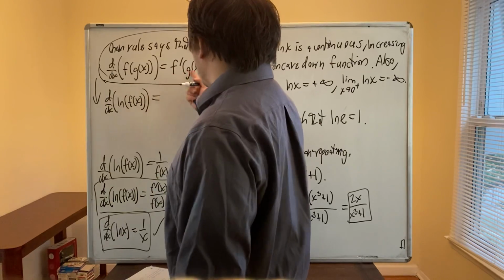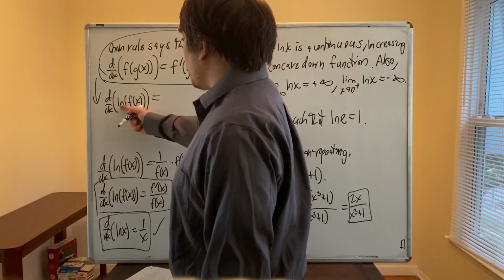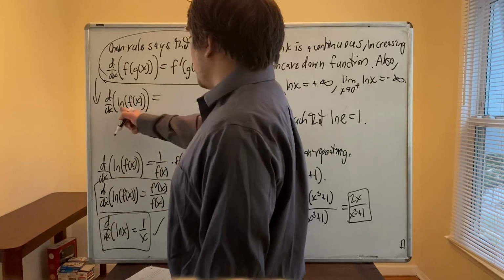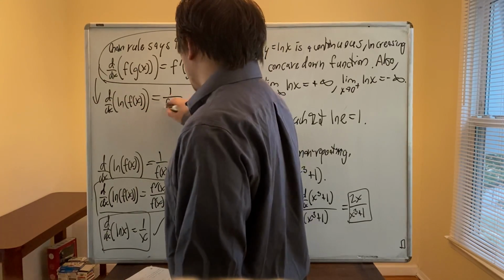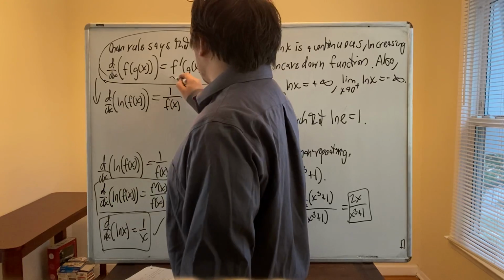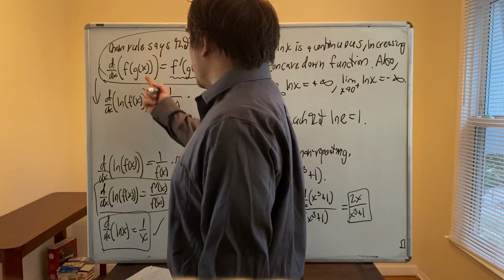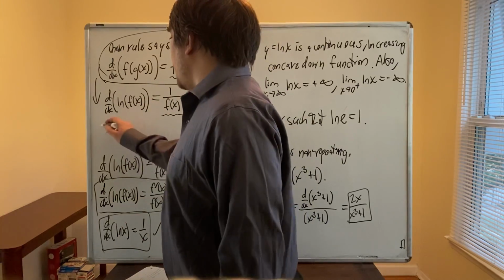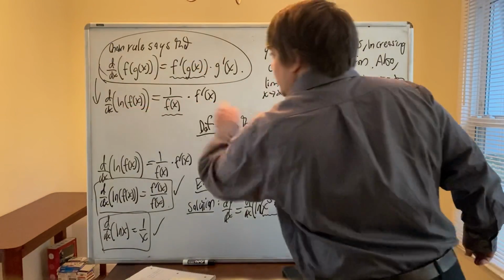So f prime of g of x would be the derivative of ln of x, which is 1 over x. So it's the derivative of ln of something, which is 1 over that something, which is f of x, times the derivative of what's in here, times f prime of x. And so we're getting this from the chain rule.